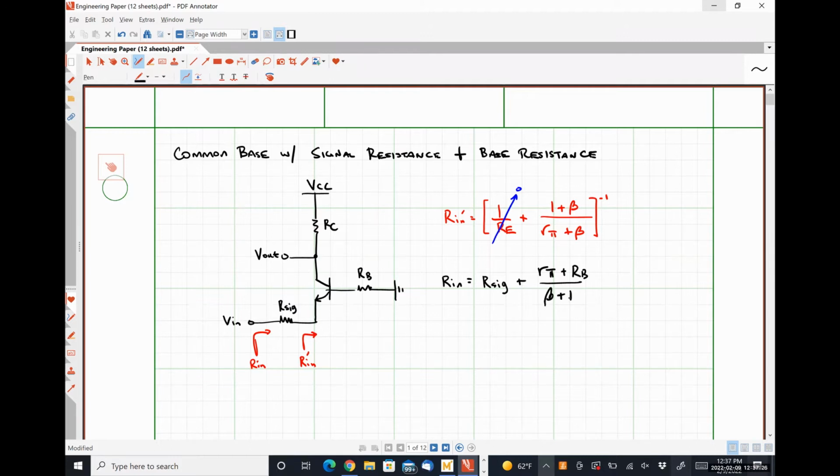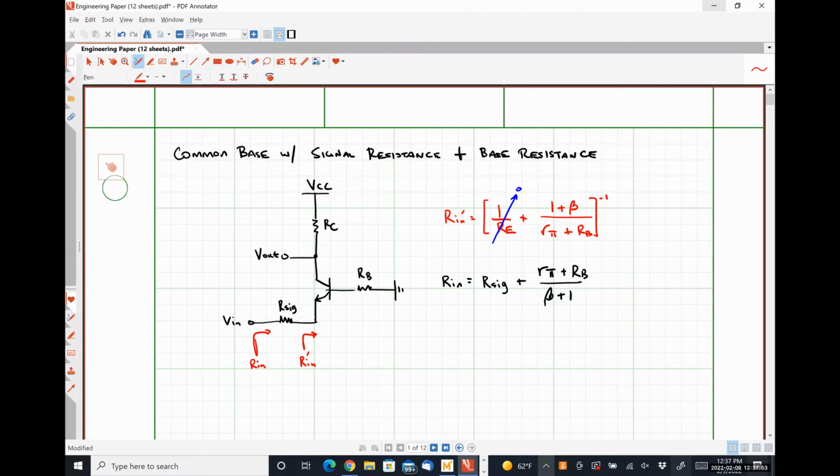Very sorry about the mistake here. Where I'm using the reciprocal here because I have this to the -1 power. So that's our input resistance with really not a whole heck of a lot of work based on our previous analysis. All right.